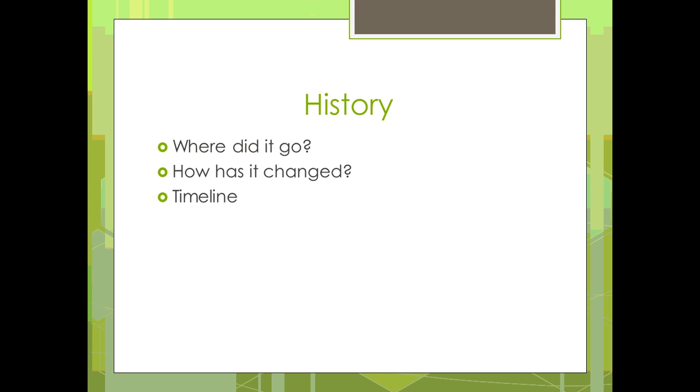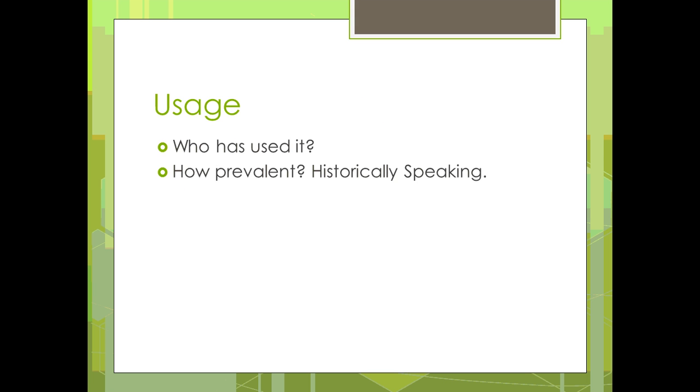Do we use it less? Is it more expensive? Is it less expensive? Do we produce it better? How has it changed in production and the way we look at it? All those different things. And then lastly, I want you to be able to give us a timeline of, historically speaking, how those things have changed over time.